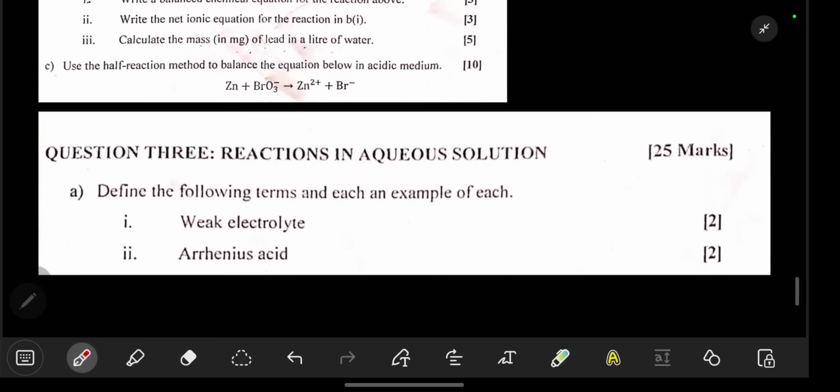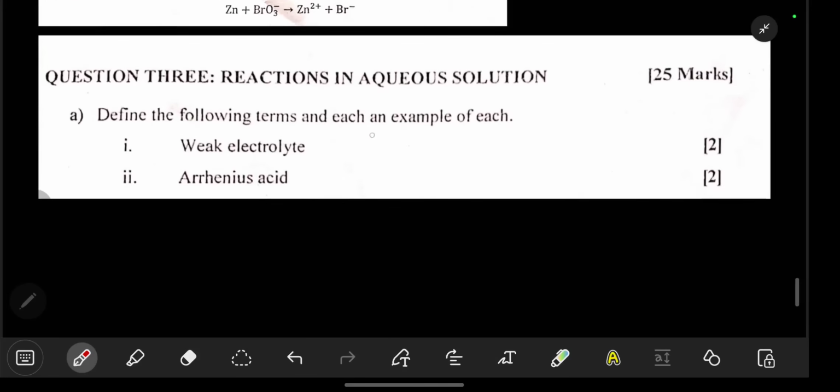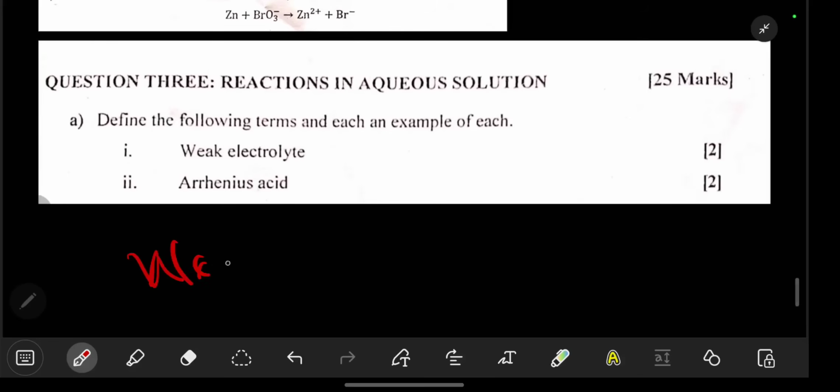So this other question, question 3, reactions in aqueous solution. We are told to define the following terms and give an example of each. First, weak electrolytes.